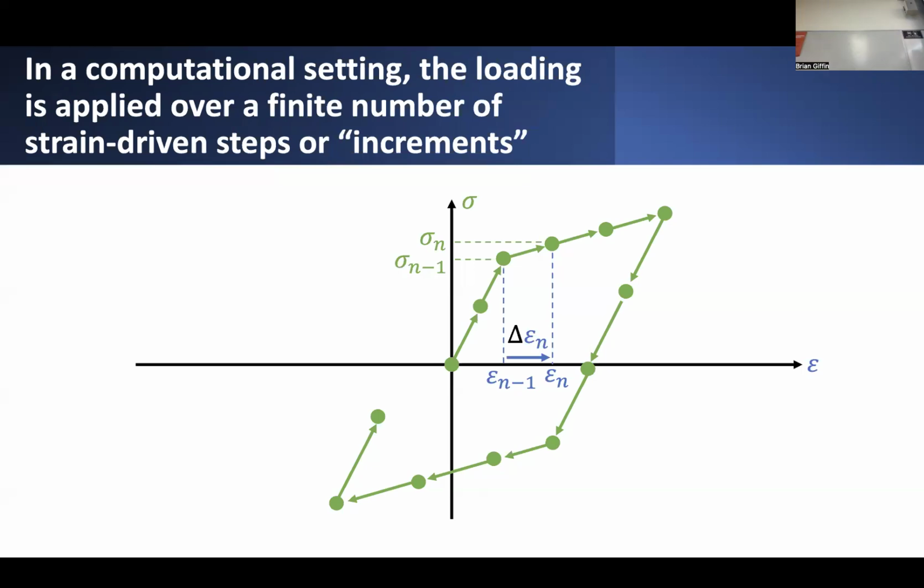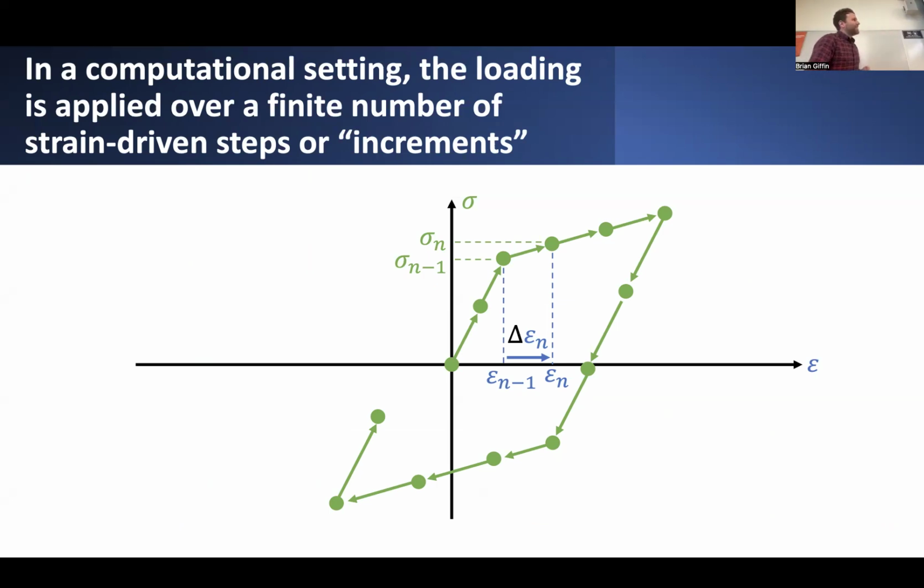So we have this new driven increment of strain, delta epsilon sub n, and somehow, given the old state of stress and also the other variables pertinent to the material, the plastic strain and possibly also the equivalent plastic strain, we want to take this delta epsilon sub n, the old stress and all those old history variables, and update them to the new state at Tn. So we need to determine sigma n and the new updated values of plastic strain and equivalent plastic strain.